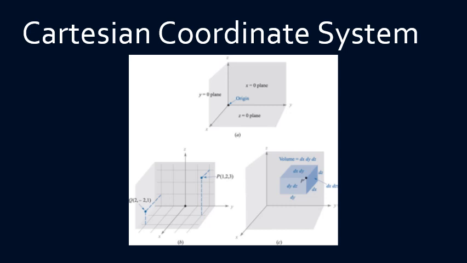In the Cartesian coordinate system, we have 3 coordinate axes which are mutually at right angles to each other, and they are called the X, Y, and Z axes. So it's not much different from what we understood in 2D, except that a new axis was added which is pointing towards you.